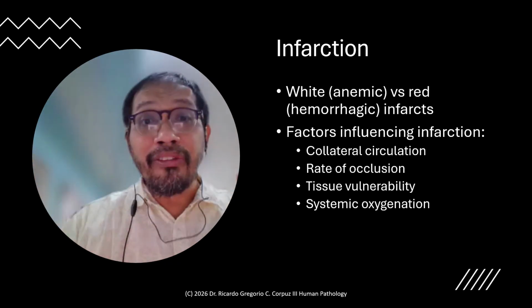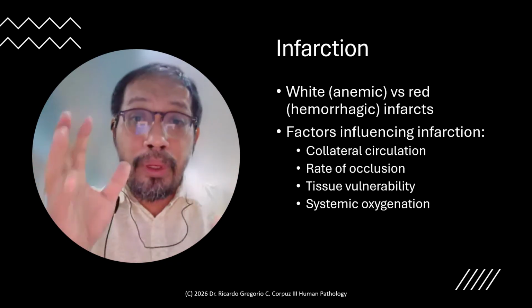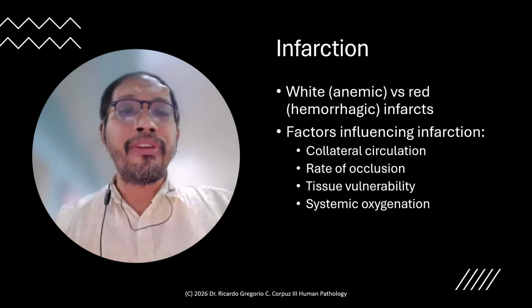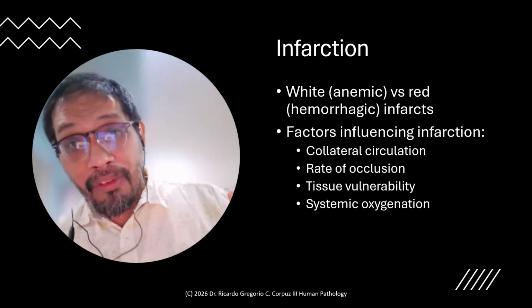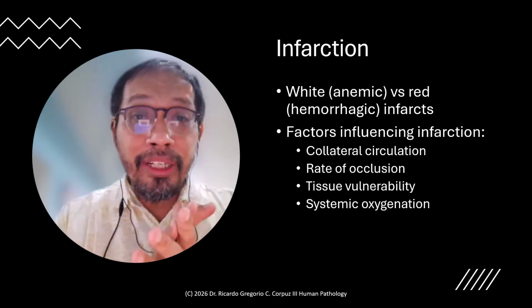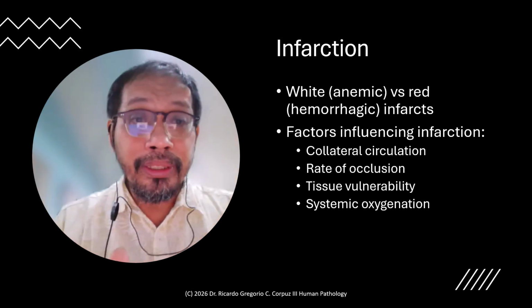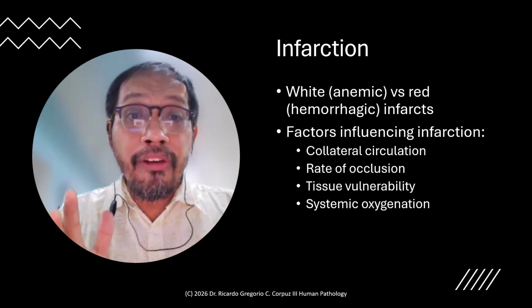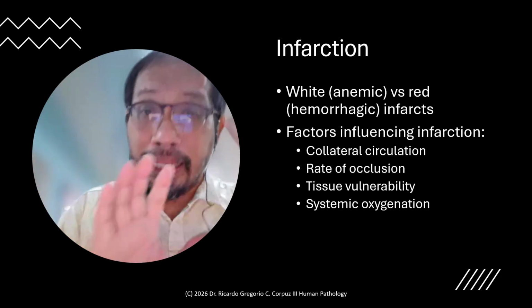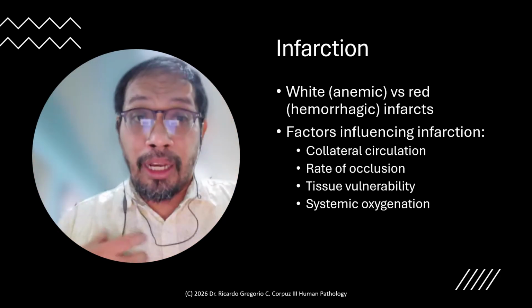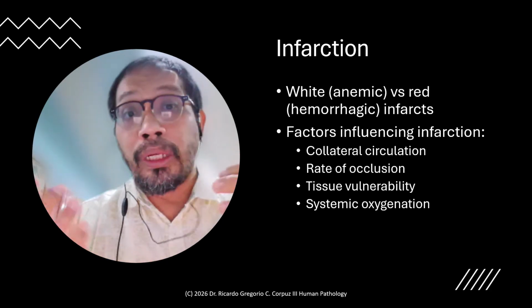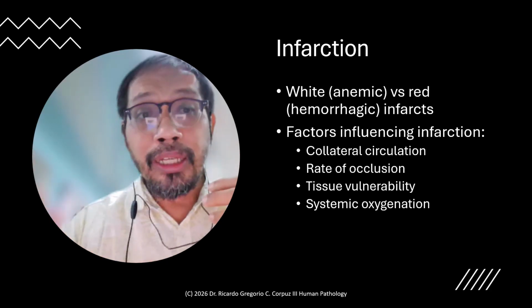So most infarcts result from arterial thrombosis or embolism. There are two types of infarct, white versus red, anemic versus hemorrhagic. Red infarct or hemorrhagic infarct, these occur with venous occlusion like testicular torsion, loose spongy tissue like the lungs, and tissues with dual blood supply like the lung and small intestine.